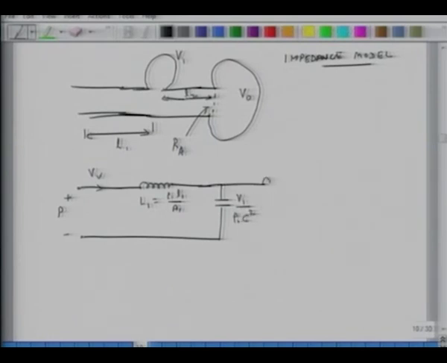Then I have another acoustic inductance of value L2, equal to rho naught L2 over A2. And then finally one more capacitor. So I should have put a resistance here.